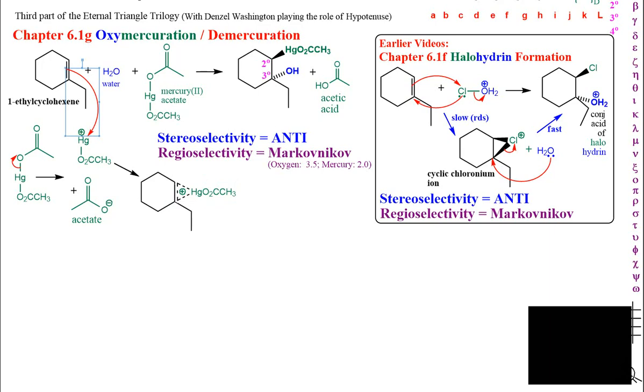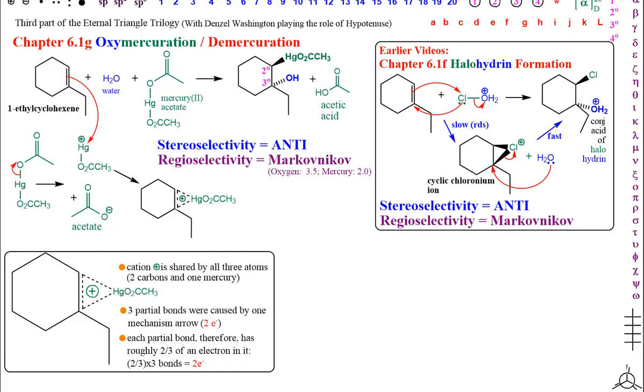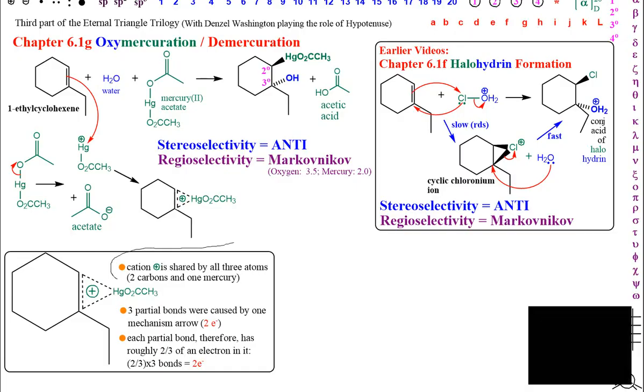Let's discuss this triangle. Firstly, the cation in the middle of the triangle is shared by all three atoms, 2 carbons and 1 mercury. If I had to be very accurate, I'd say it spent a little more time down here closer to the tertiary carbon than the secondary.